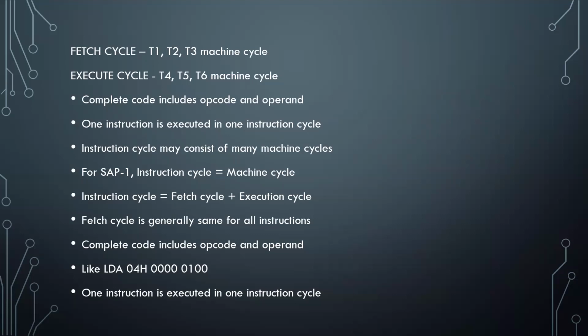For SAP1, instruction cycle equals machine cycle. Instruction cycle equals fetch cycle plus execution cycle. The fetch cycle is generally the same for all instructions. Complete code includes OP code and operand, like LDA 0100 0000 0100.